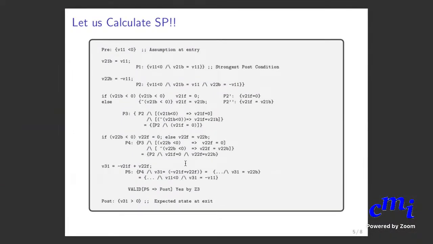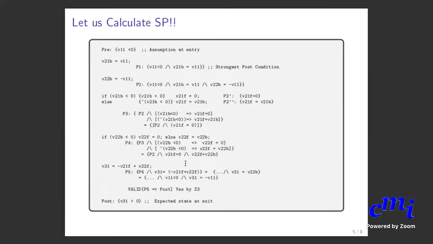Okay, so the advantage of carrying down the strongest postcondition is that it tells me exactly the state of affairs. Now, if I did something like what you said, it's unclear.